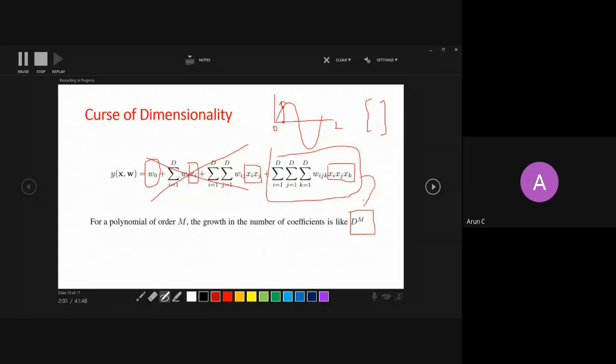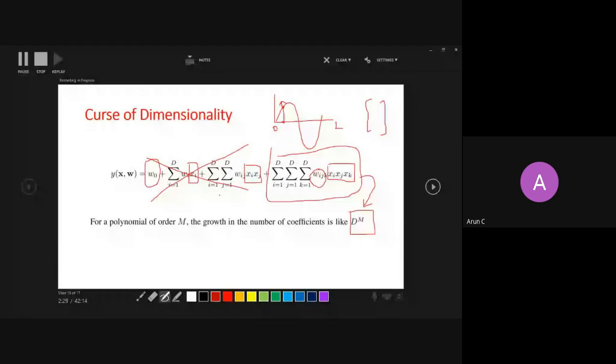These are the number of terms, and each term has a coefficient which you need to fit. So the number of unknown coefficients in linear regression is growing exponentially here. And if they are growing exponentially, then you need proportionate data to fit this function. This is what the information is trying to convey.